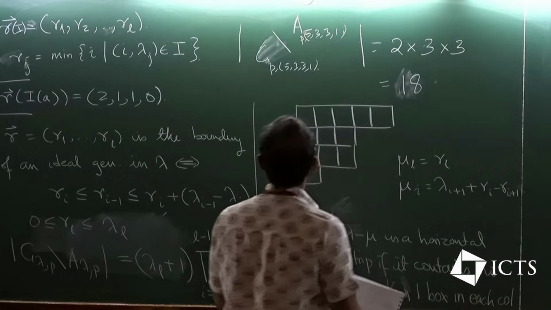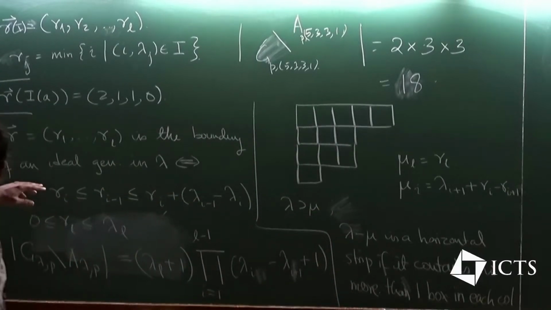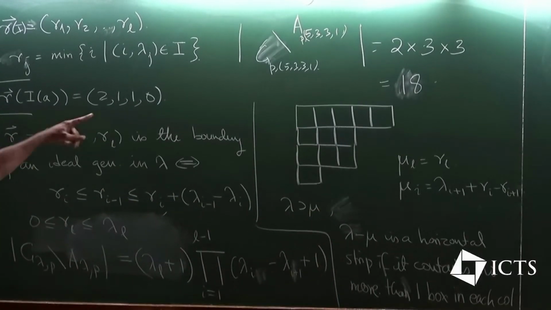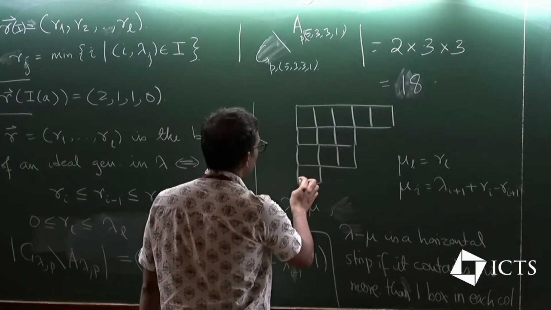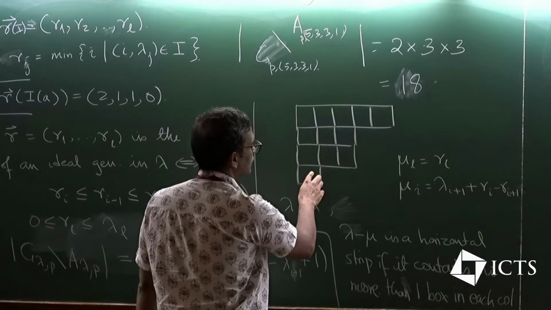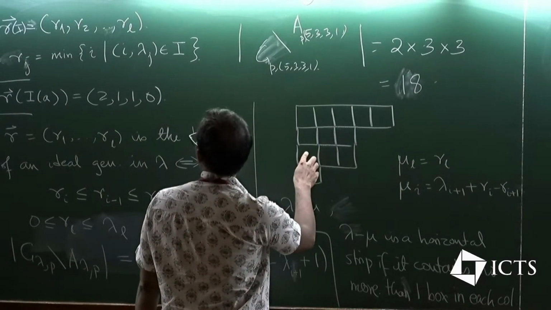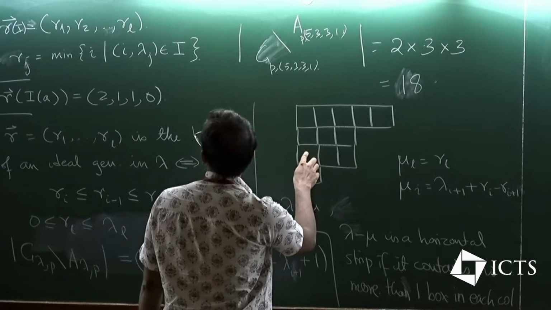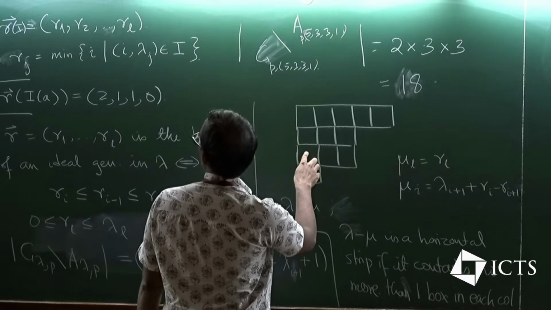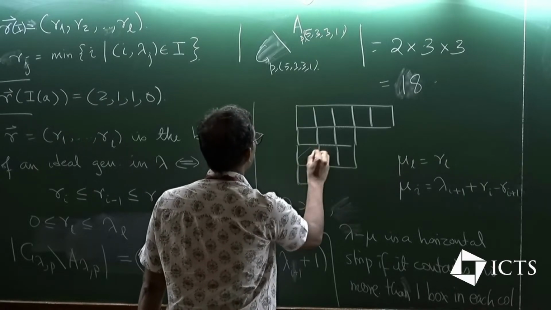So in this case, R is 2110. So this is a 0. So we remove this box. Mu 2 is 1 plus 1 plus 1. So that's 2.